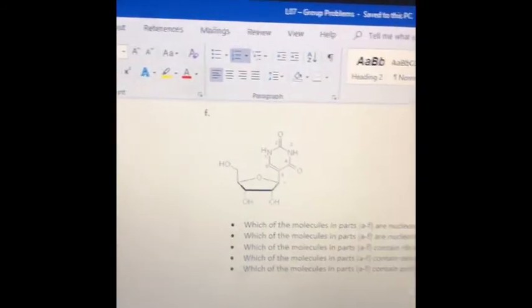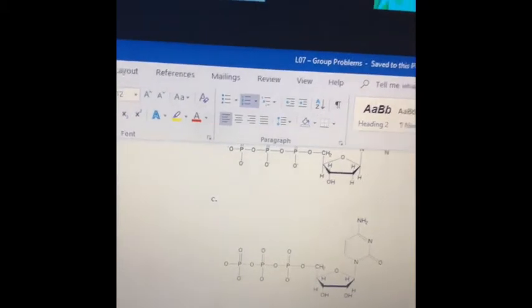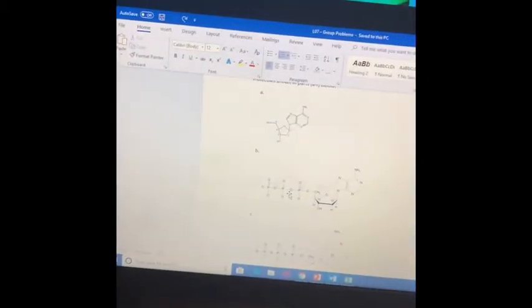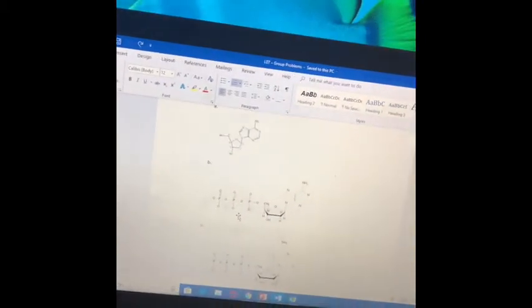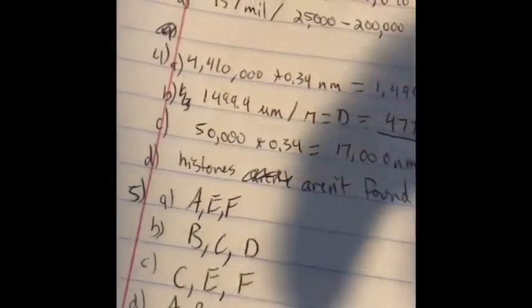So we can see that F has 2, E has 2, D only has 1, and C has 2, and then the rest of them only have 1. So for my ribose, I put C, E, and F. And then deoxyribose was going to have a single hydroxyl group, so that's when you have A, B, and D is the last one, and that's what I have for my deoxyribose.